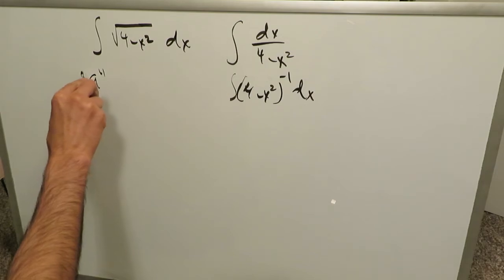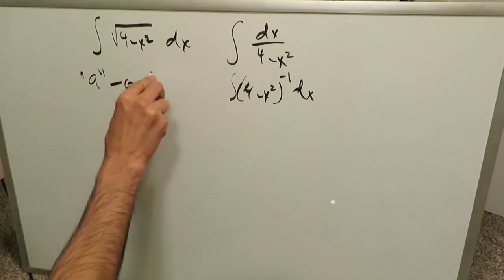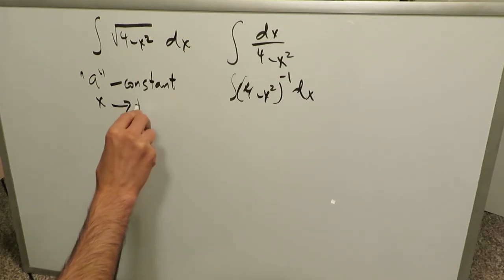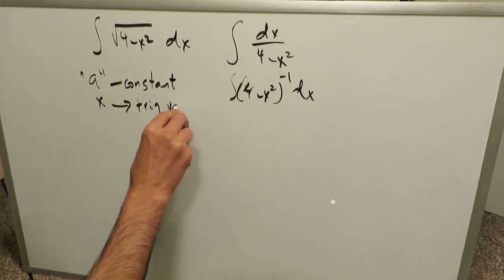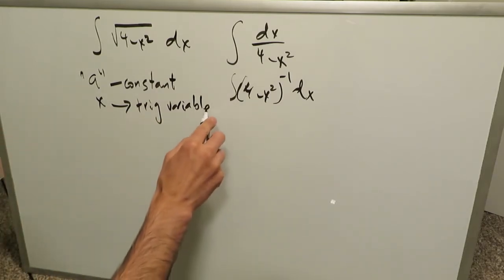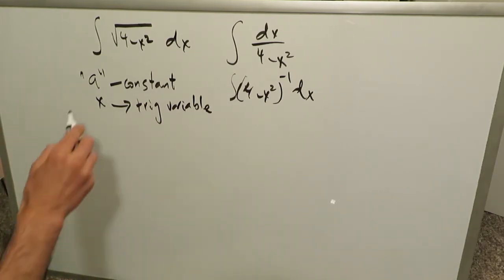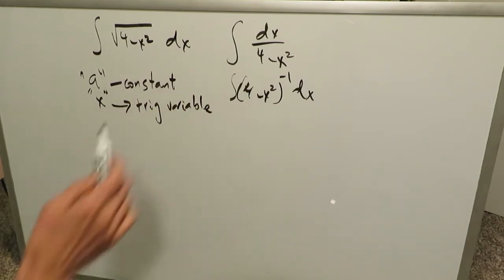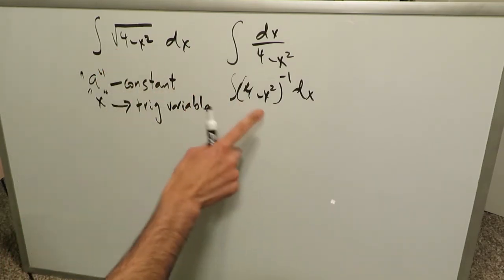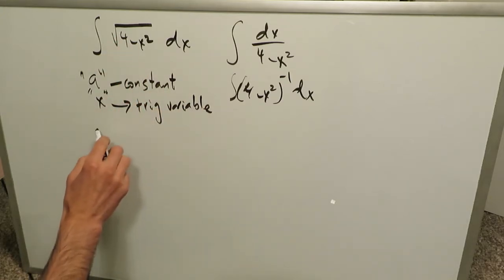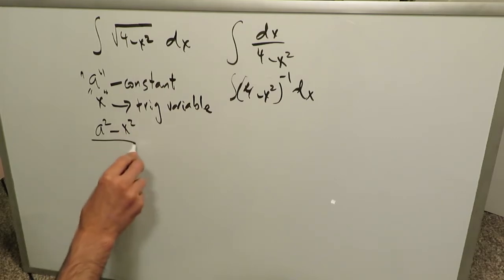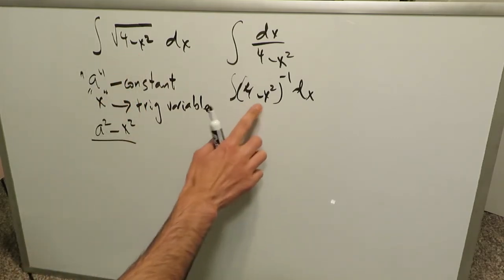If you say a represents a constant, and x here represents a variable, a trigonometric variable, then in terms of this representation we can come up with three scenario styles that you need to be aware of. One style is what you have right here before you: something which looks like a square minus x square. Look at that. You have a square minus x square.